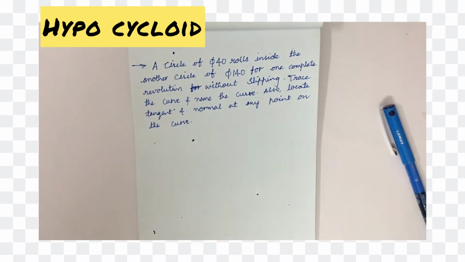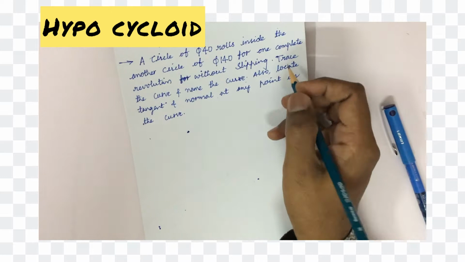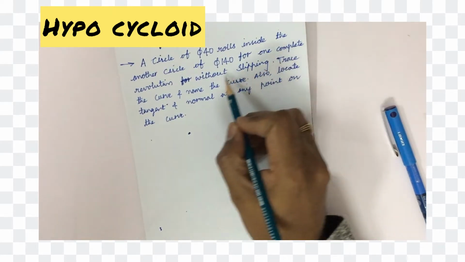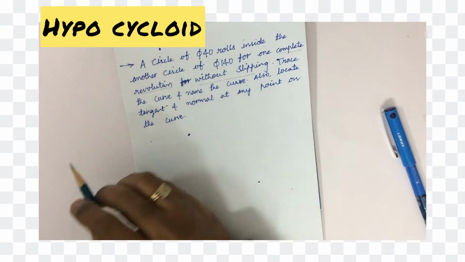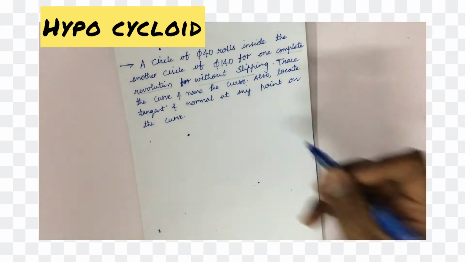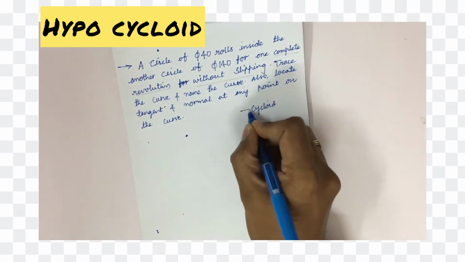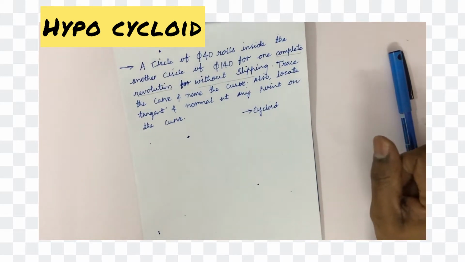Students, what terms make you understand it belongs to a cycloidal curve? If you have gone through yesterday's video, the terms like without slipping as well as one complete revolution tell us the curve is a cycloid. So which type of curve does it belong to, as we have the general method, epicycloid as well as hypocycloid.